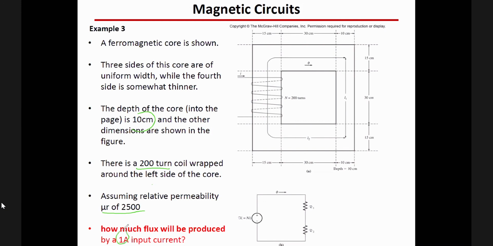So similar to the previous example, but now we need to find what LC and A are. First of all, how many reluctances do we have here? 2. One will represent this, the other one will represent this. If someone represented this by 4 reluctances, is it correct or wrong?